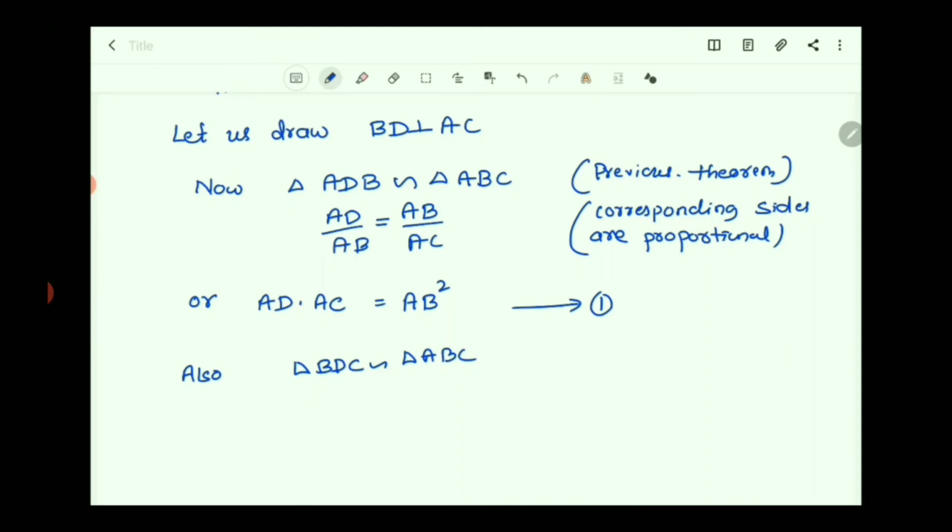You know that DC by BC are a pair of corresponding sides.